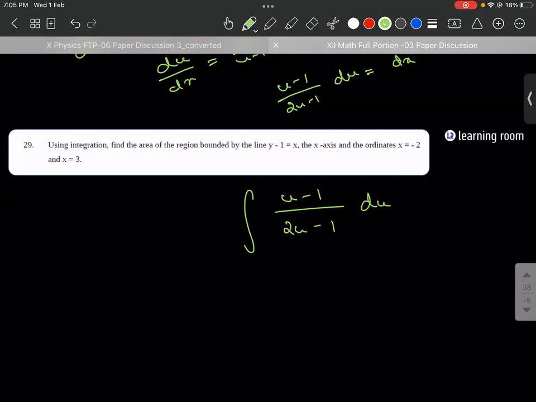Can I make the numerator exactly the symmetric part as the denominator? Yes, sir. How? How can I make it exactly symmetric?